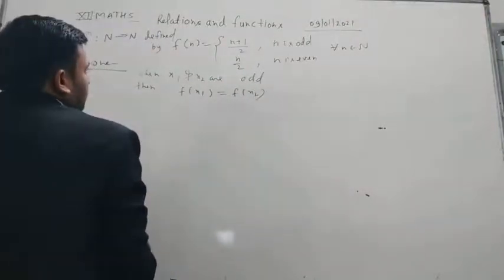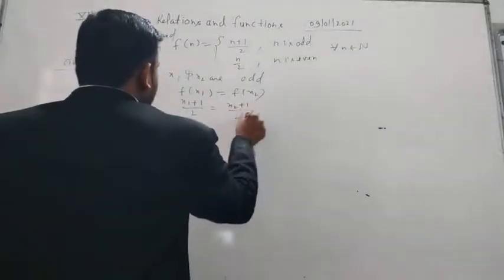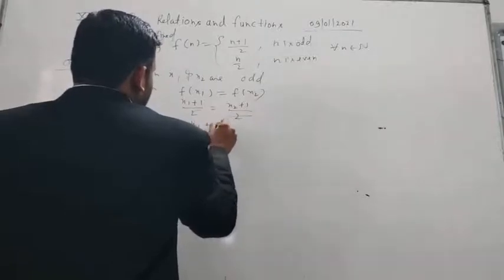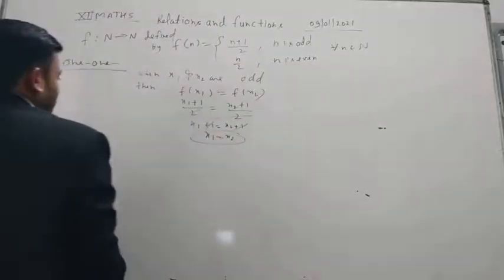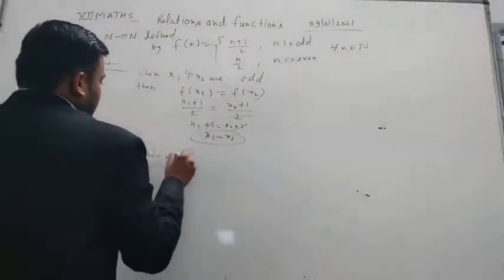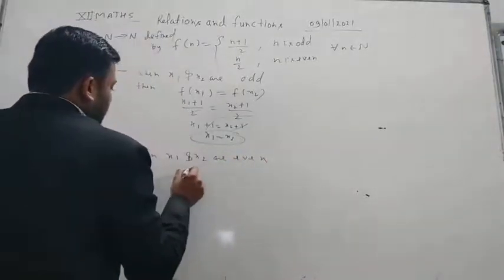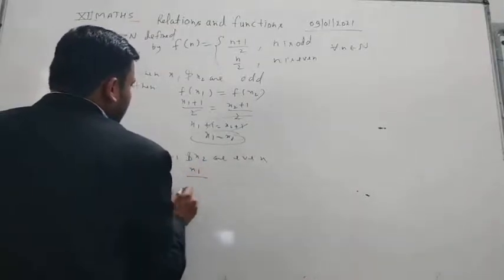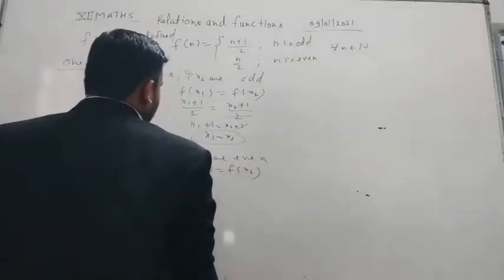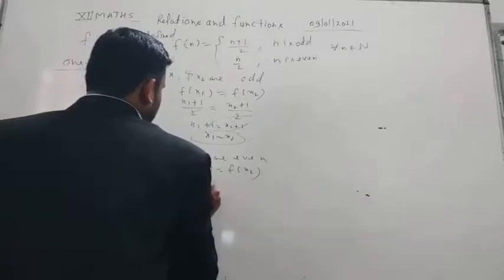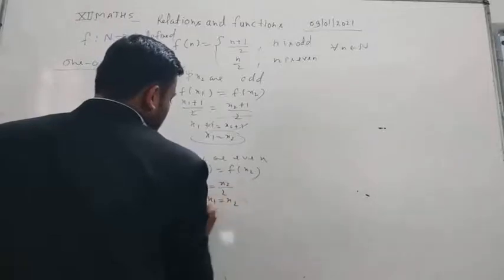So we write (x1 plus 1) by 2 equals (x2 plus 1) by 2, and this 2 is cancelled, so x1 plus 1 equals x2 plus 1. So we see that x1 is equal to x2. Okay student, when x1 and x2 are even, f(x1) is equal to f(x2). In this case also we can write x1 by 2 equals x2 by 2. So x1 is equal to x2.